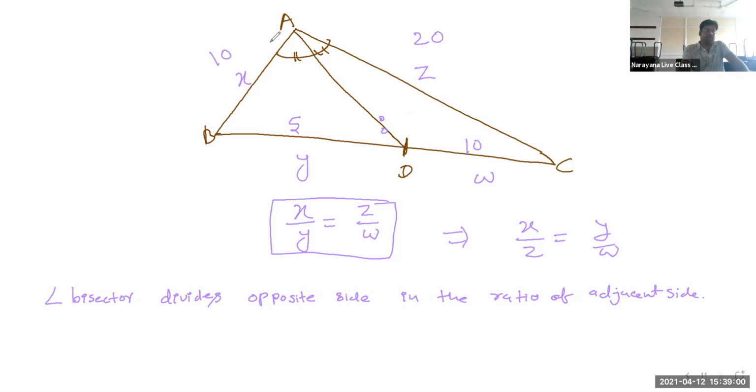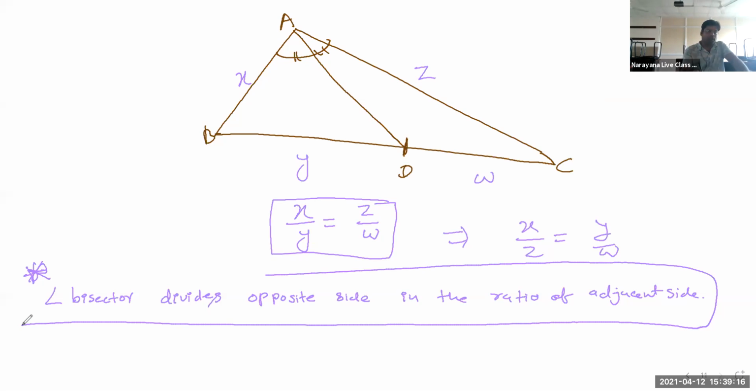The ratio 5 is to 10 equals 10 is to 20. Got it or not? The proof of this you will study later, but just write it down and try to learn. This is a very important point, don't forget it. Make a 5-star over it; 5-star means very important point. The angle bisector divides the opposite side in the ratio of the adjacent sides.